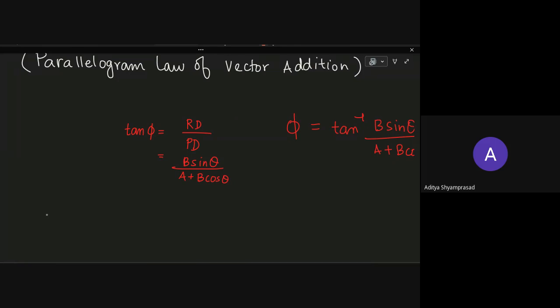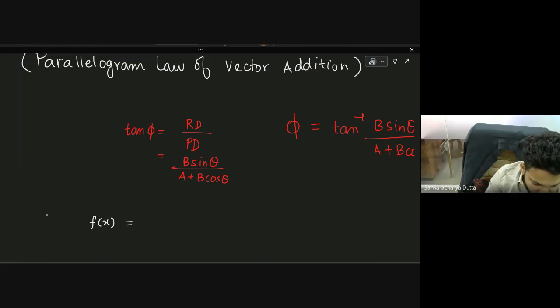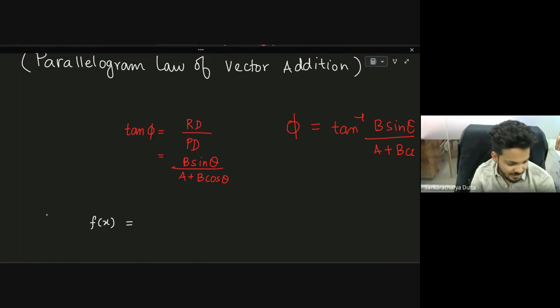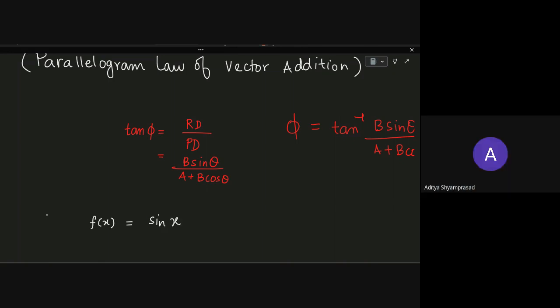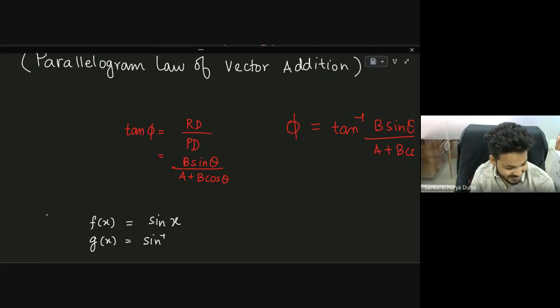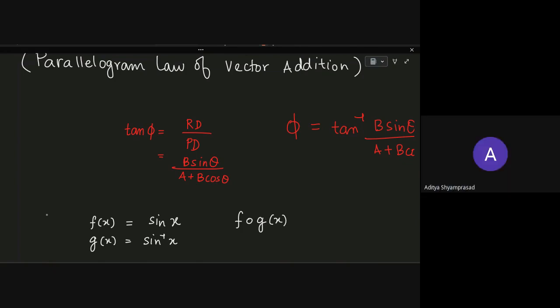If we take any function sine as f of x, and sine inverse as g of x, would f of g of x be equal to x because they are inverse of each other? Wait, f of x is sine x, and g of x is sine inverse x. Okay, now you want to do f of g of x? Yes, sir. So it would be x, right? Because they are inverse of each other.